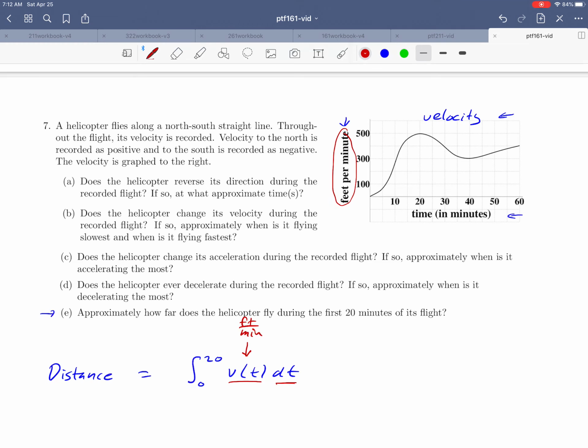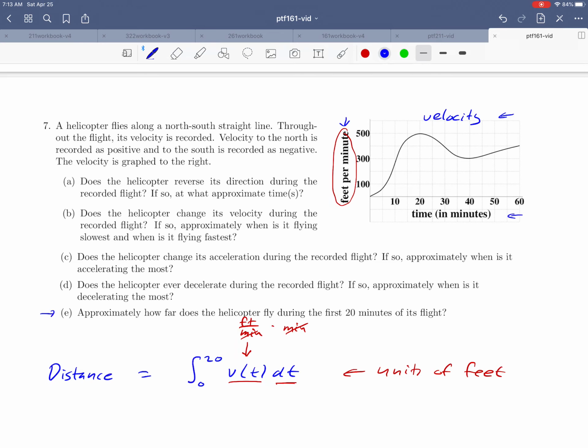And time, on the horizontal axis, is measured in minutes. What do you get if you multiply those two units together? The minutes cancel, and you just get feet. That confirms that this integral has the right units. We're trying to measure distance, and feet is the correct unit to do that in.